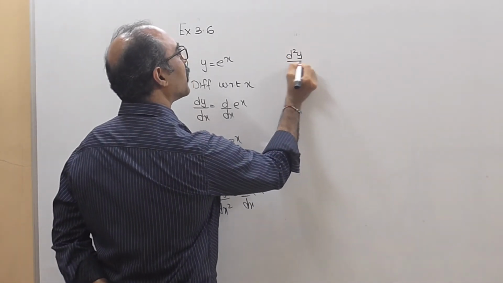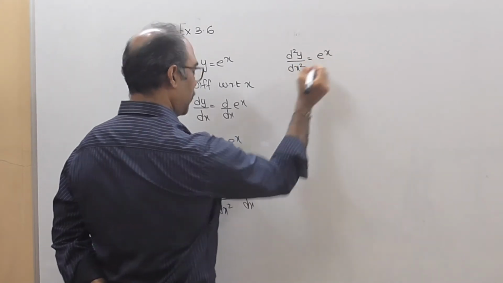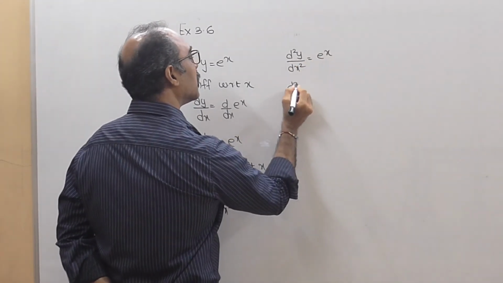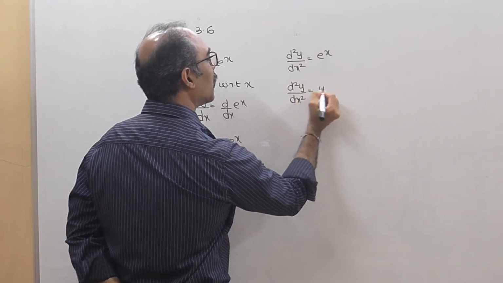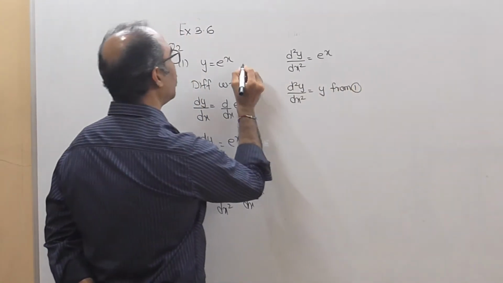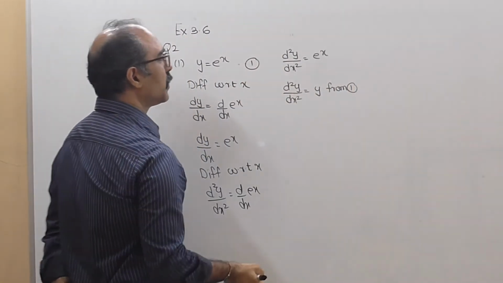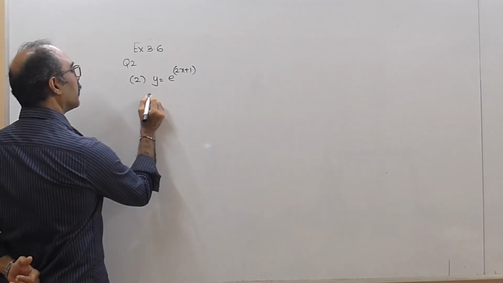So we get d square y upon dx square, derivative of e raised to x is e raised to x, and we can write this as d square y upon dx square equal to y, because y is equal to e raised to x, so you can replace the value of e raised to x with y.